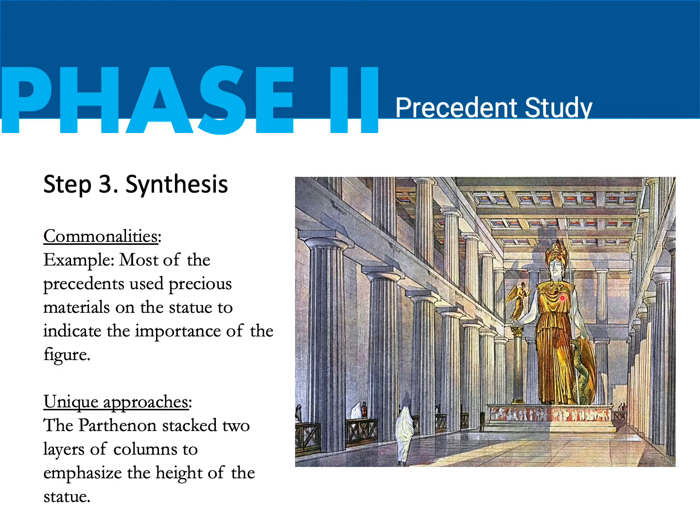So, covering so much of Athena in gold and nothing else being in gold clearly means we value and want to draw attention to this statue. We're probably going to find that in a lot of other examples. Okay, so that's an example of a commonality, something that I keep seeing over and over again.